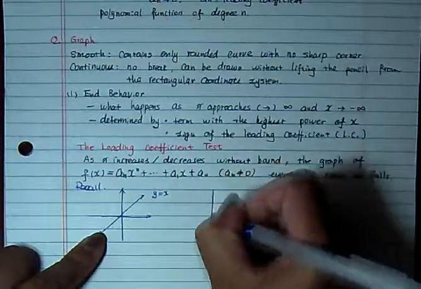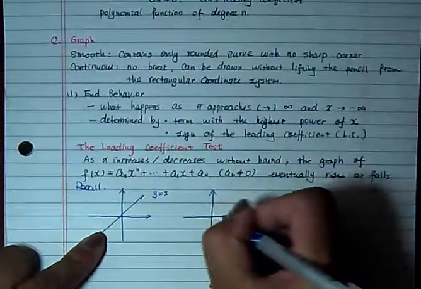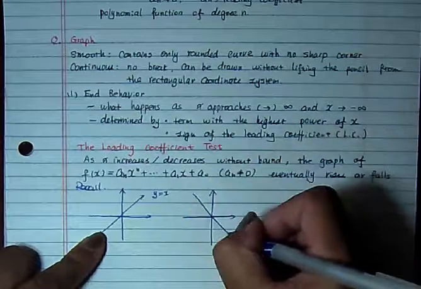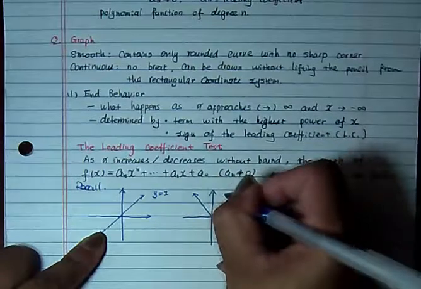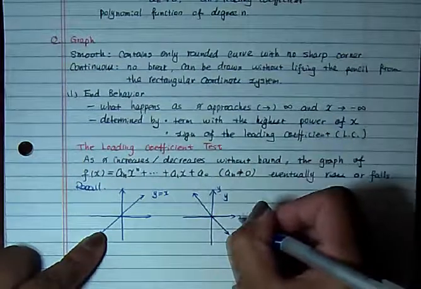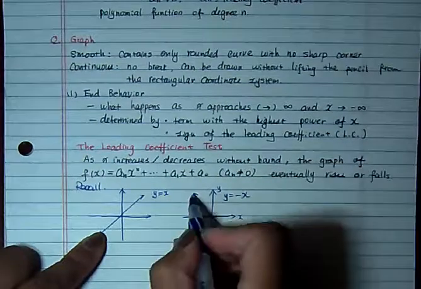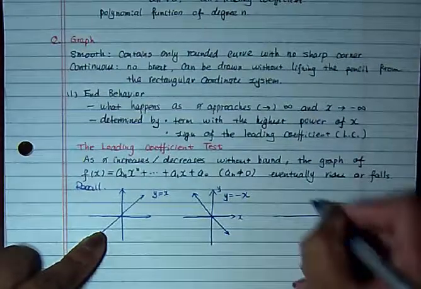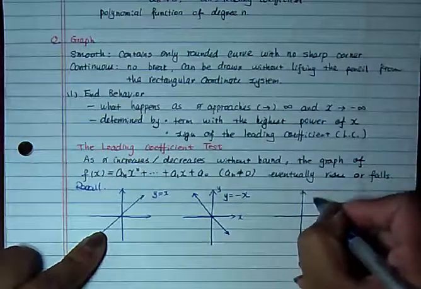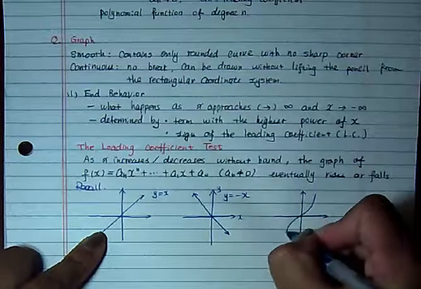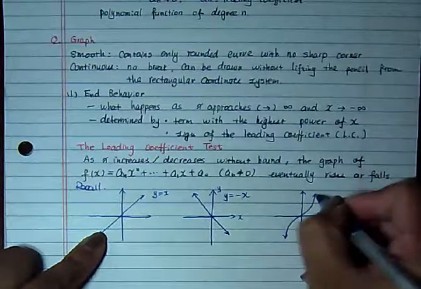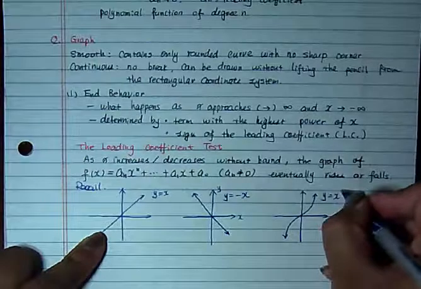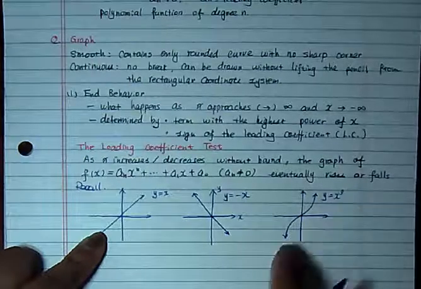And if you have y = -x, the slope is negative, so the left side rises and the right side falls. Also, the cubic function from the parent functions looks like this: the right side rises up and the left side falls.